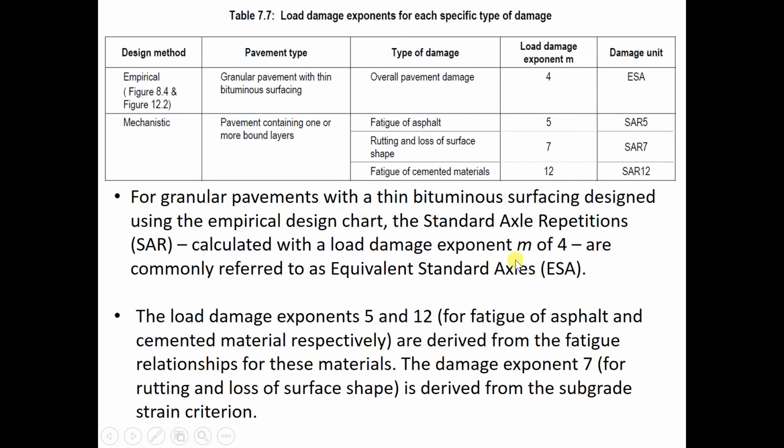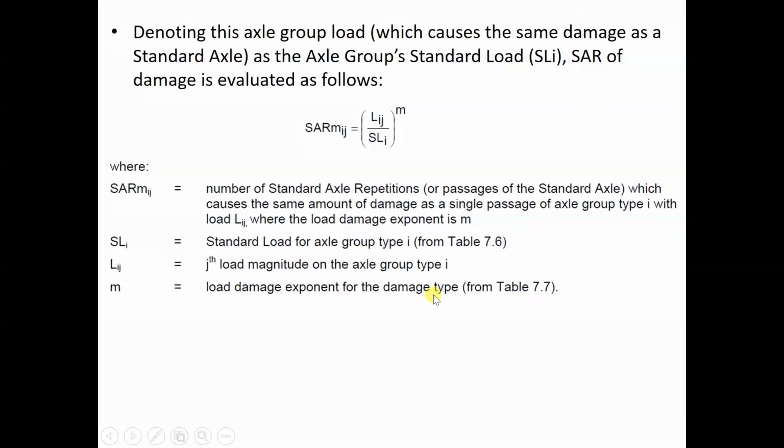This is table 7.7, for the mechanistic design, 5, 7, 12. This is the same as the allowable we looked at previously. For the asphalt, the exponent is 5, for the subgrade it is 7, and for the cemented material it is 12. These are the load damage factors. So we have this general form, denoting the axle group which causes the same damage as a standard axle.